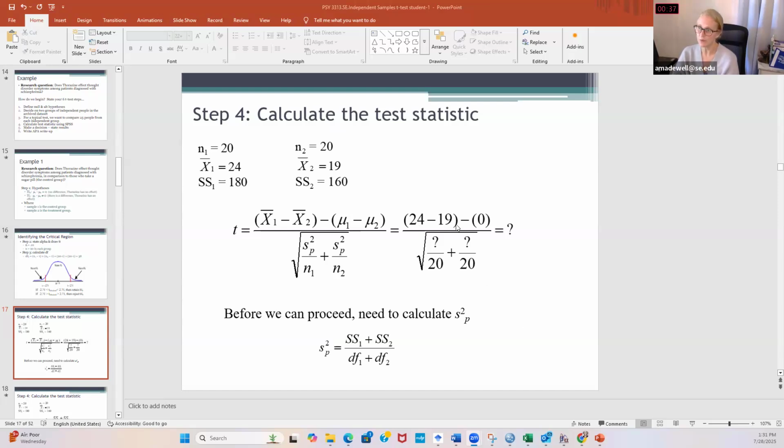Okay, so if we take 24 minus 19, and then we're going to calculate your pooled variance, okay? So you're going to take SS1, where is that? Right here, plus SS2, where is that? Right here, and divide by degrees of freedom for 1 plus degrees of freedom for 2, and then put that in here and here. Okay, go ahead and calculate this.